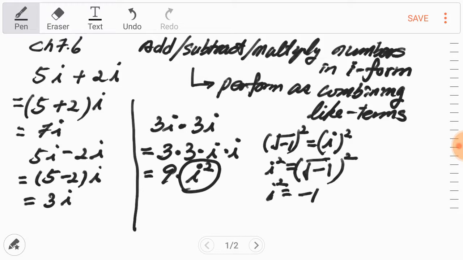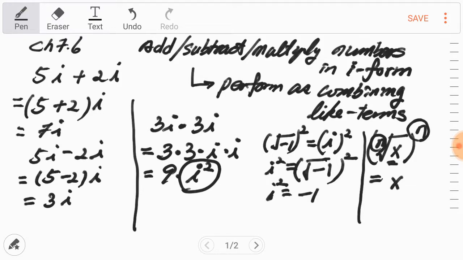Why is it negative 1? Do you remember the radical property? The nth root of x raised to the nth power: if the power is the same as the index, then you can take this x out, no matter what x is.